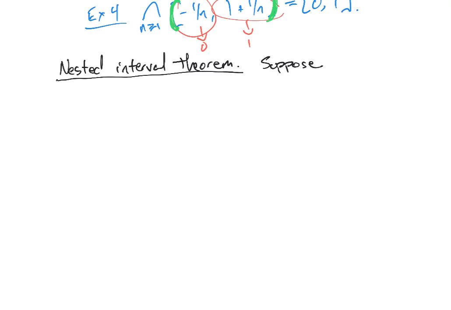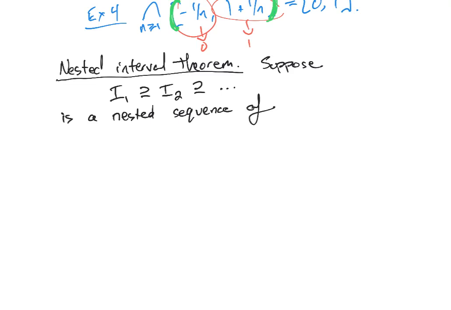Suppose that you have a nested decreasing sequence of sets. So this is a nested sequence. Okay. Now I'm going to add some hypotheses on these sets. In the book, they say that they're bounded and closed.